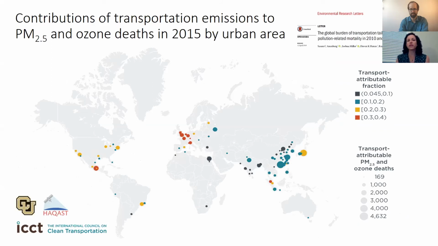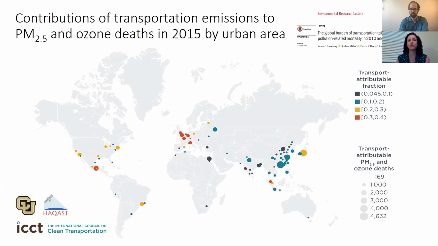A similar study we did was with a stakeholder called the International Council on Clean Transportation, or ICCT. They are an independent analytical organization that provides analysis and advice on transportation emission regulations for countries all over the world.